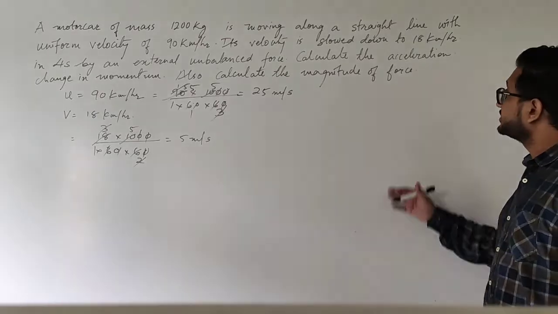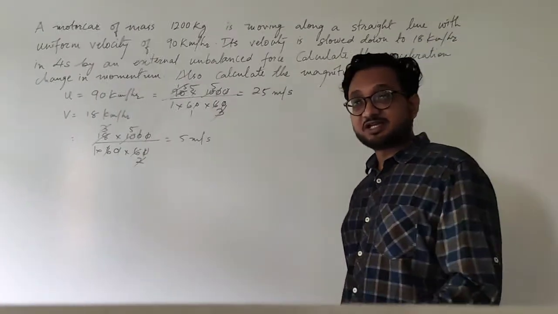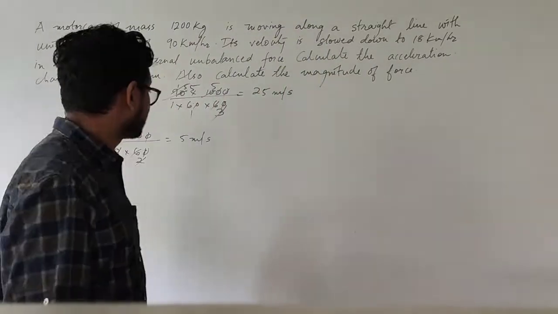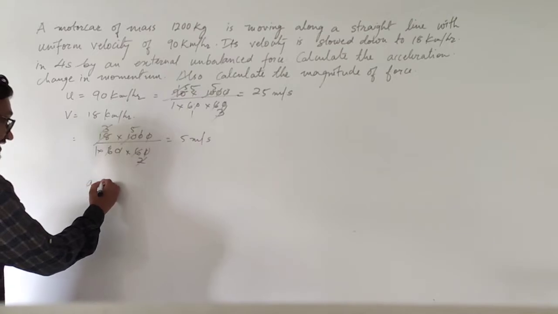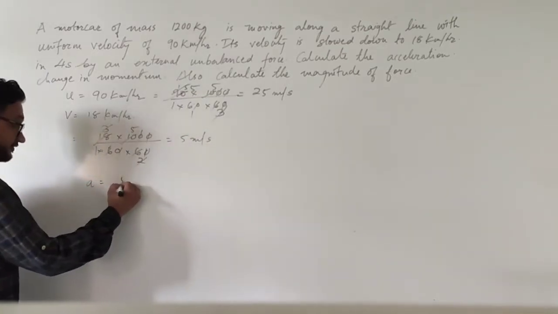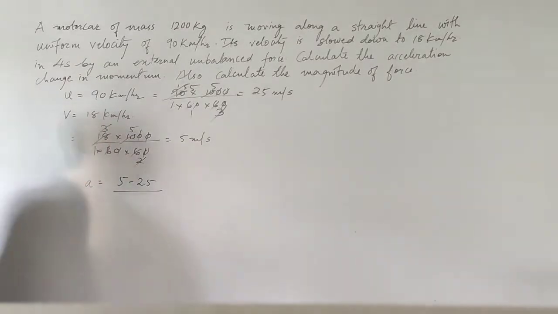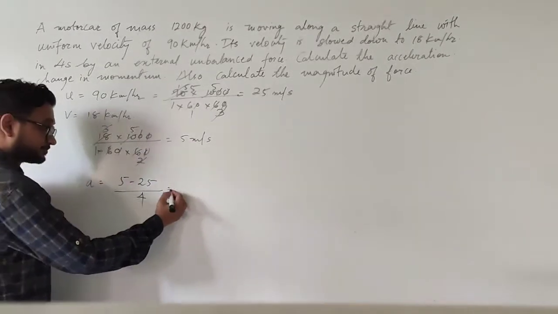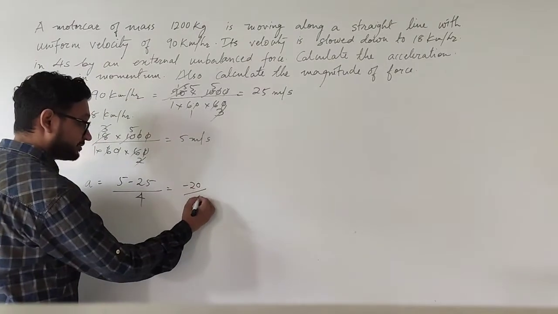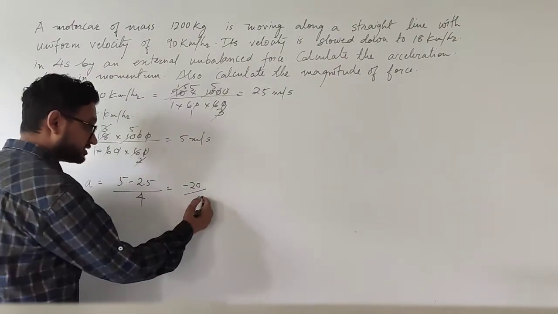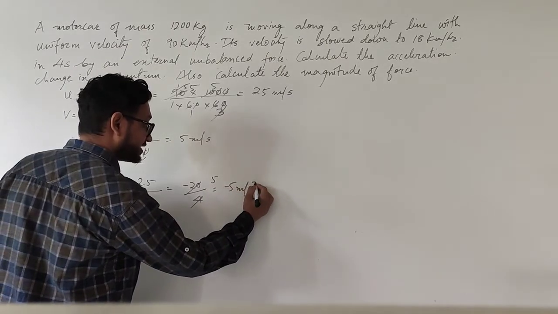So the first thing you need to do is find acceleration. Acceleration is simple. Change in velocity upon time taken. So final velocity minus initial velocity. So acceleration a is, final velocity is 5 minus initial velocity, that is 25, upon time is 4 seconds. 5 minus 25, we have minus 20 upon 4, and this becomes 4 5s 20, so it becomes minus 5 meters per second square.